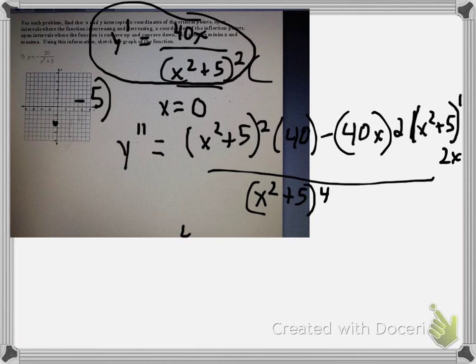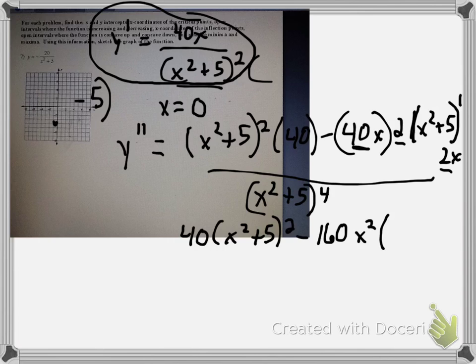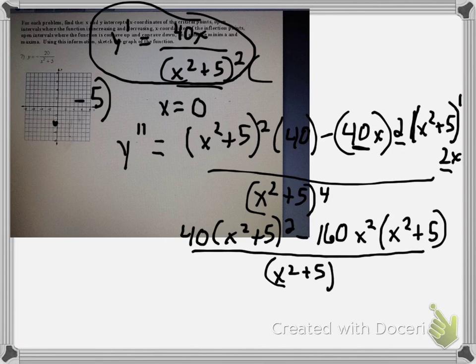So I have 40 times x squared plus 5 squared. Now to combine here, we have 40x times 2 times 2x, so minus 80, sorry, 160. Going to multiply. x times x is x squared, over x squared plus 5 to the fourth.